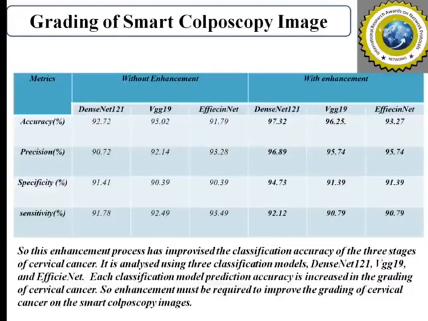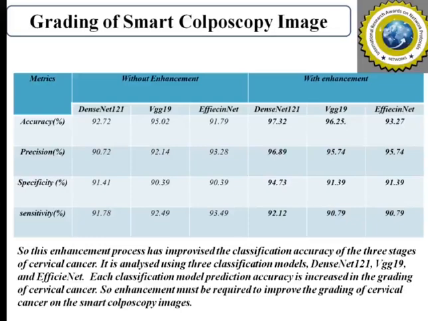Here I have used three classification models: DenseNet121, VGG19, and EfficientNet. These are pre-trained classification models which are highly used in recent years. DenseNet121 and VGG19 are highly used, and EfficientNet is a recently developed model used for classification.